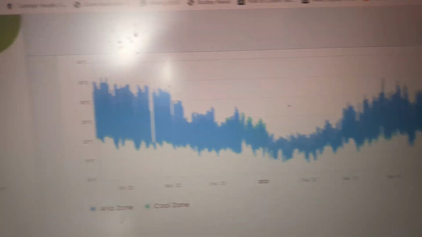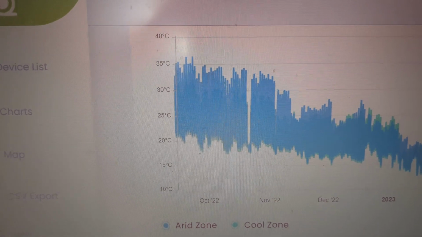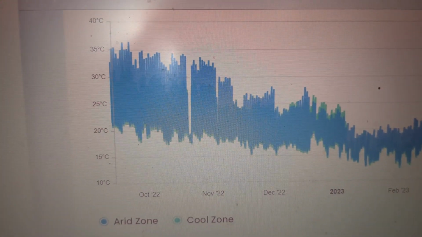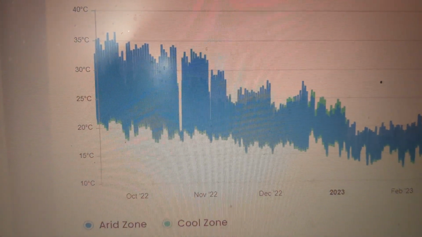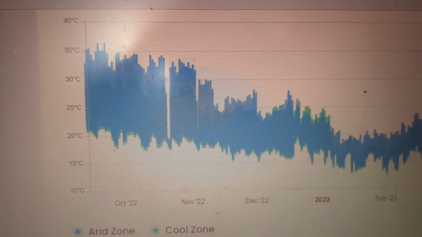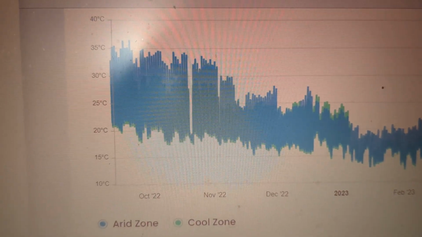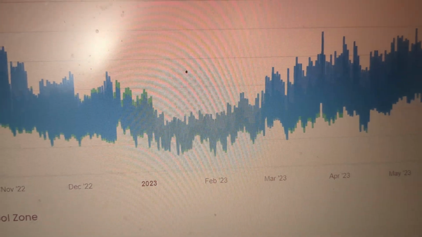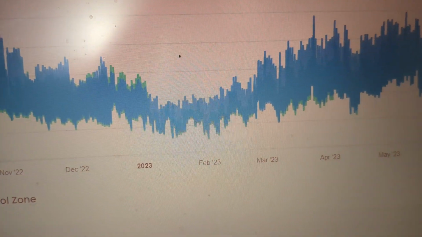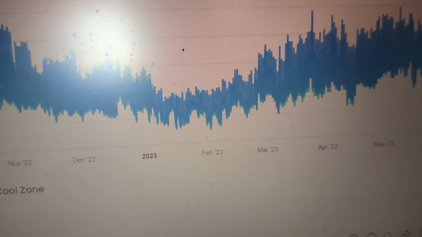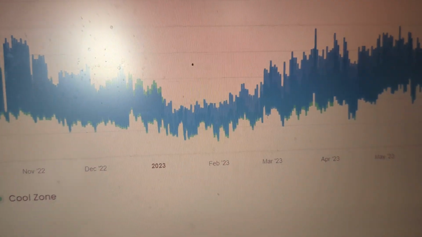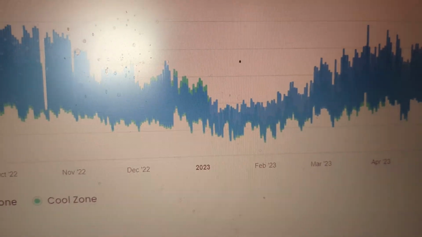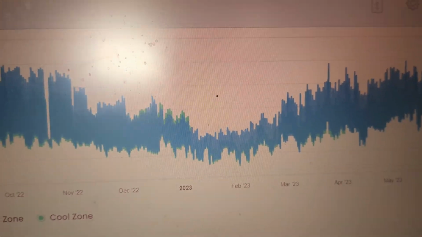So October we had temperatures of about up to 35 degrees and just above, with lows of high teens at night time. We can see in January, February, late December, temperatures got really low, even down to 11 Celsius one evening, during which Mr. Jinx was hibernating, and he hibernated for 100 days exactly.